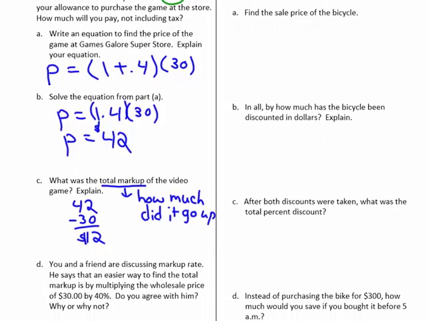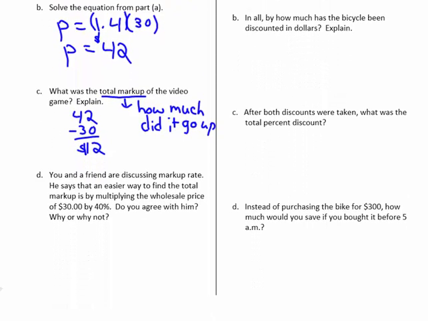You and your friend are discussing markup rate. He says that an easier way to find the total markup is by multiplying the wholesale price of 30 by 40%. Do you agree with him? Why or why not? Well, whether or not you think it's easier, that's up to you. But if he does this, 30 times 0.40, that gives you your $12.